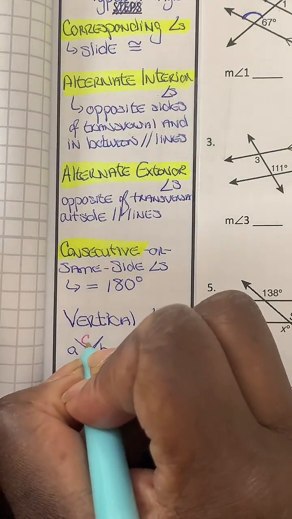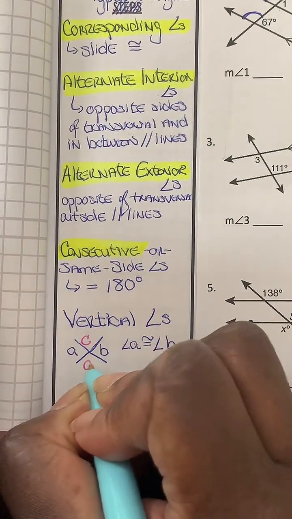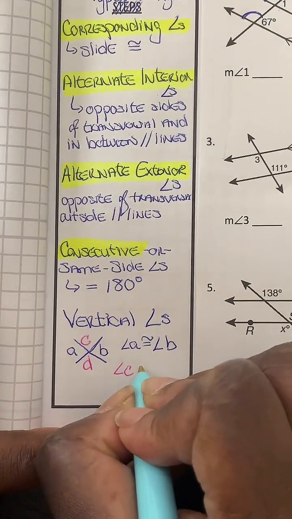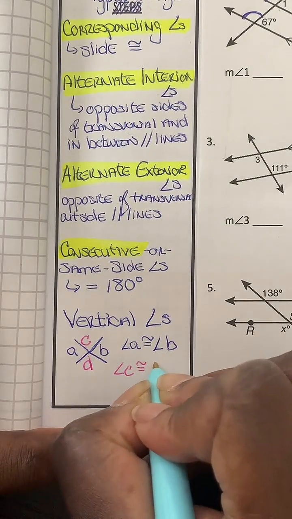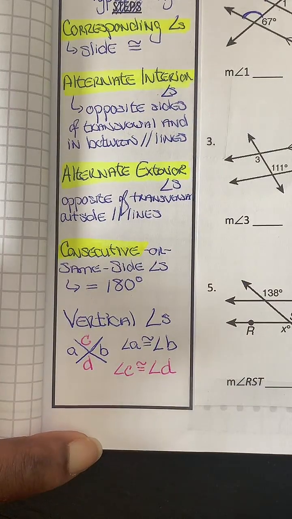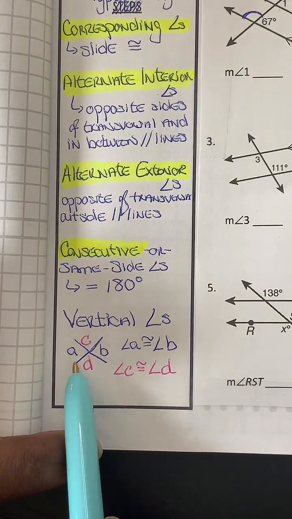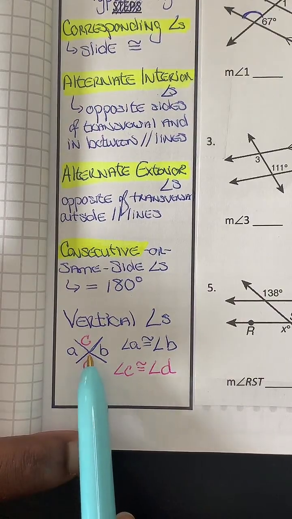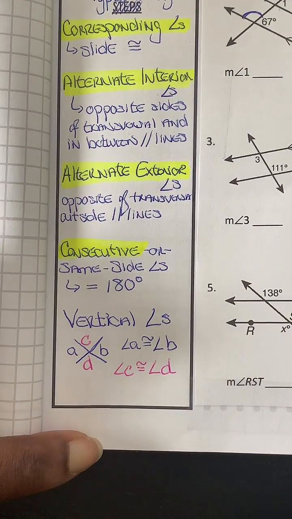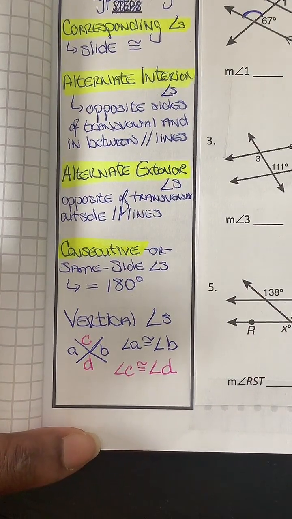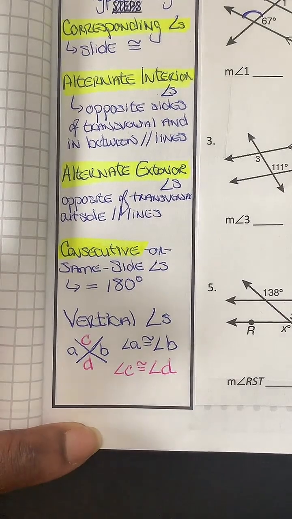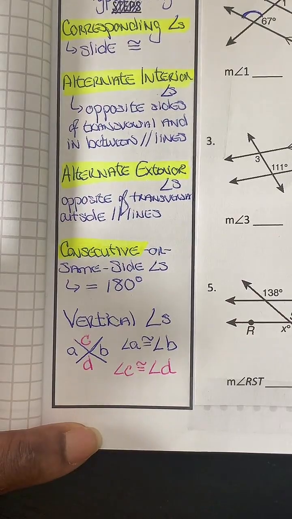So if this is angle C and this is angle D, that means angle C is going to be congruent to angle D. All right. So if they're creating a V and they're meeting at a common point directly across from each other, they are congruent. All right. Good. Because sometimes people forget to add that part of the list.